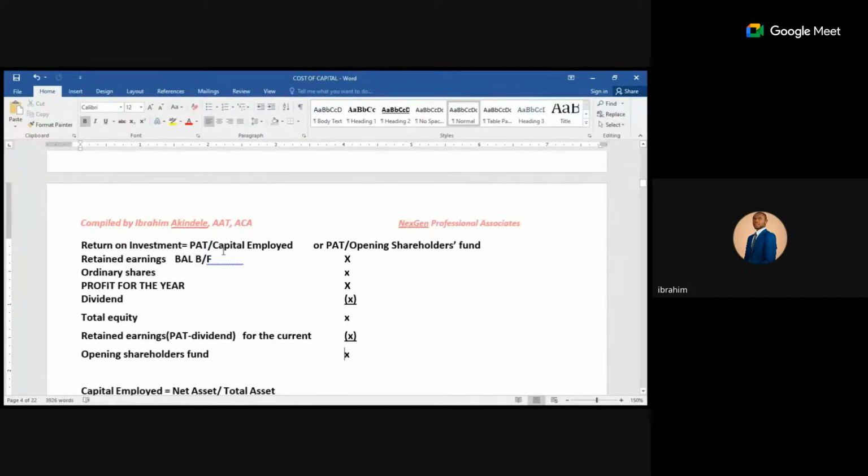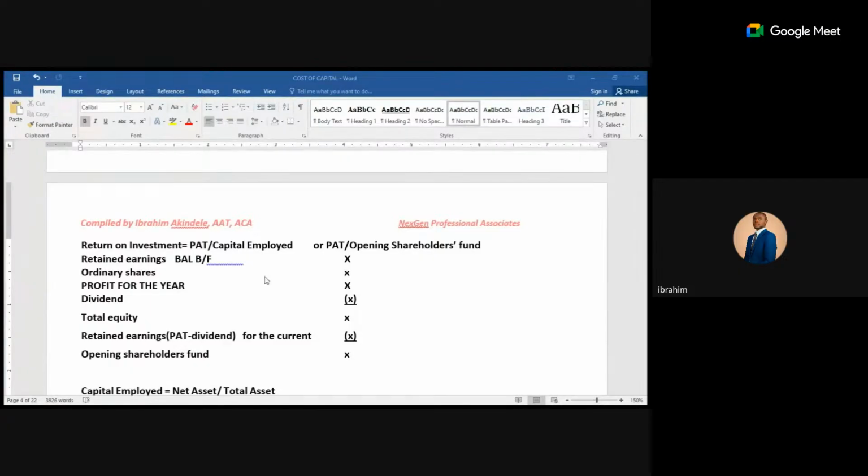Return on investment will be calculated as the profit after tax divided by the capital employed. In your financial reporting, the capital employed will be defined as net asset, total asset, or total equity. Now, in FM, they don't want to include anything that has to do with current year information.